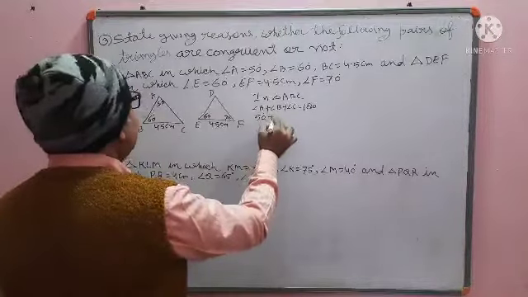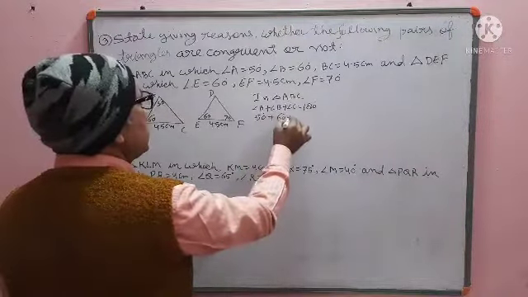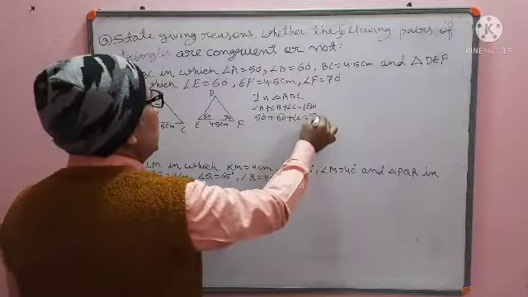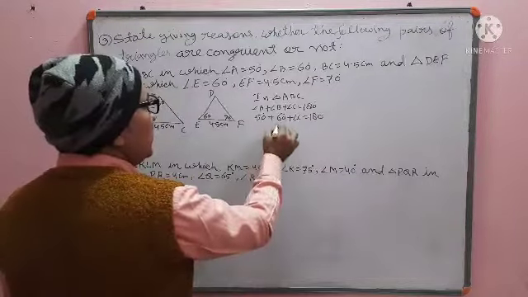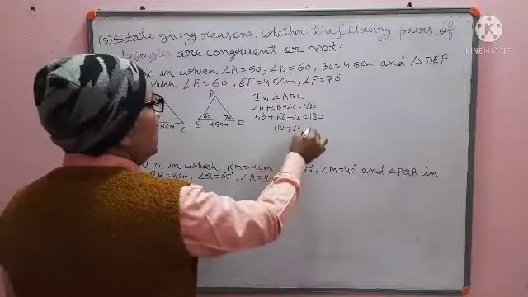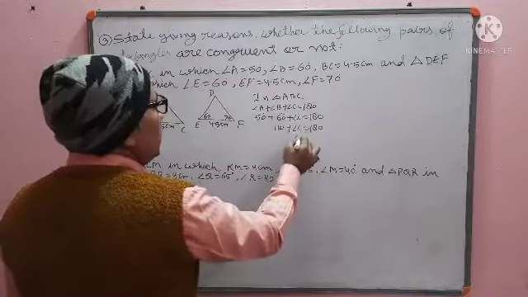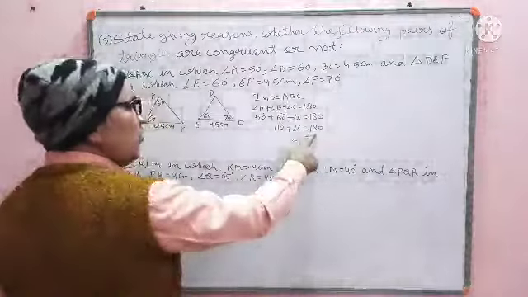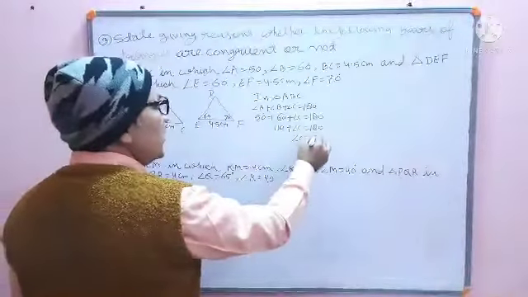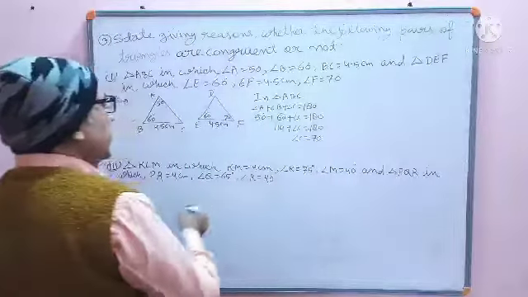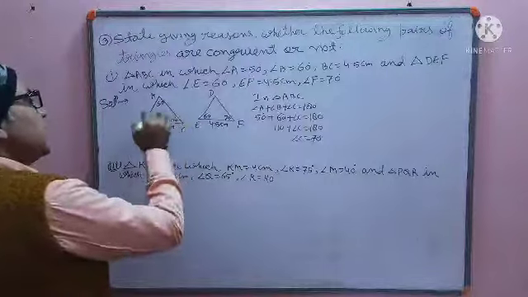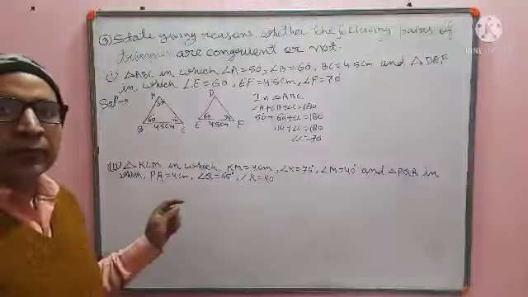Angle A is 50 degrees, angle B is 60 degrees, angle C we do not know. 50 plus 60 is 110. That means angle C is equal to 180 minus 110, that is 70 degrees. Now angle C is 70 degrees, we have found.